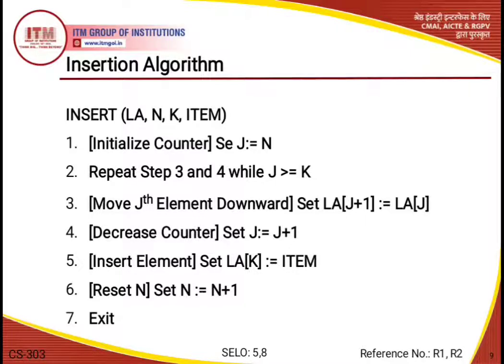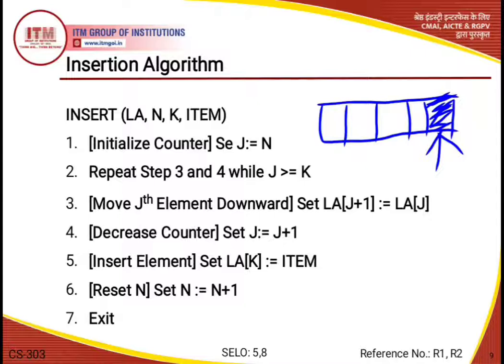The means is that here if we are taking an array, you can see that first of all we have to find out the actual value of our array size, and then for this we are just indicating the lower bound value in a linear array set as the first element, and here we need to set the value of LA j plus 1 is equals to LA j.